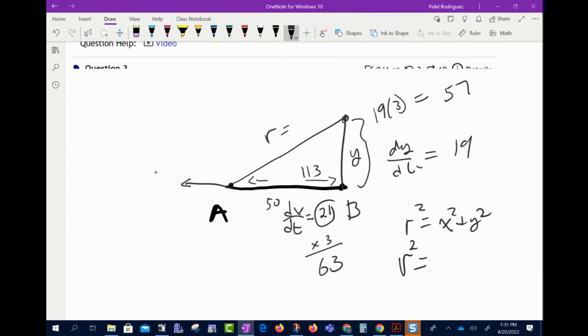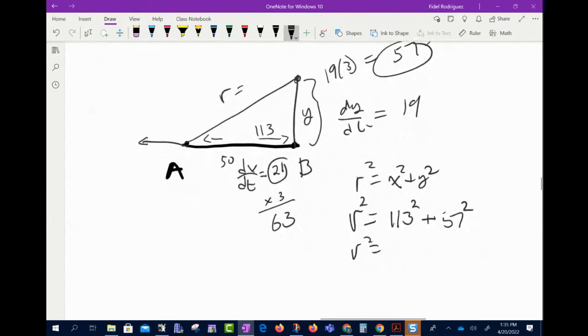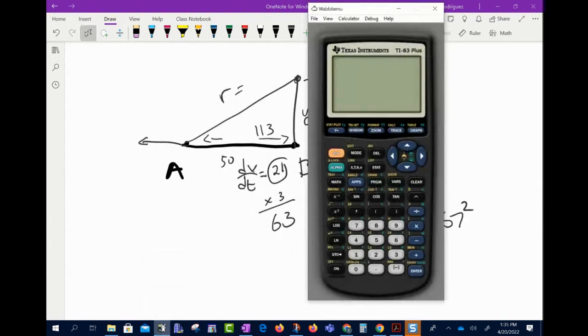So R squared is X, which is 113 squared, plus Y, which we said was 57 squared. I'm going to grab my calculator real quick so we can figure out what those numbers are. So 113 squared plus 57 squared. I'm coming up with 16,018.